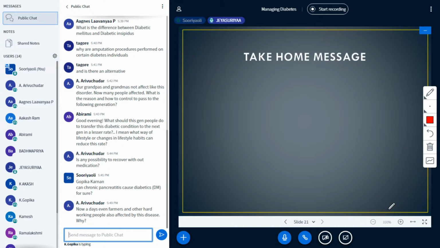Yeah, Miss Hari Shurer, nowadays even farmers and other hardworking people also get affected by this disease. Why? That's obviously due to, as I mentioned earlier, the cause of diabetes is unknown.